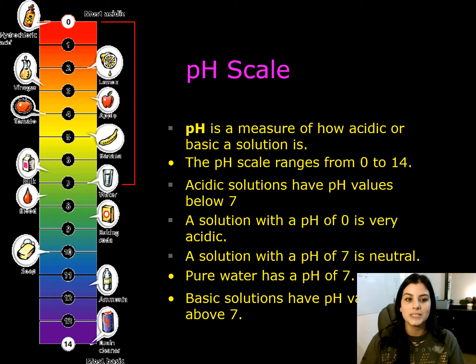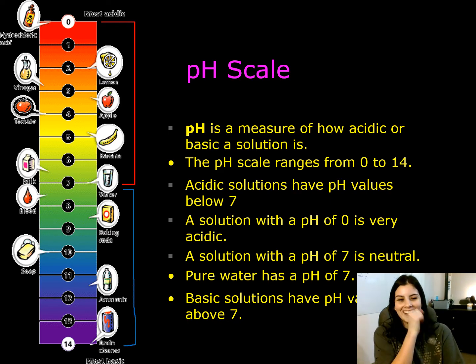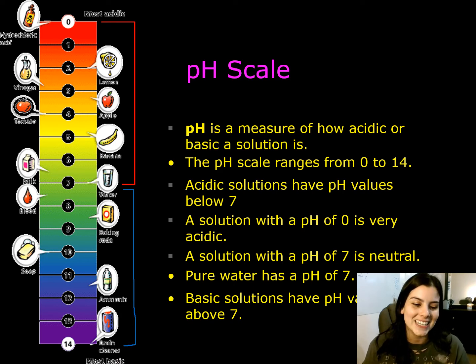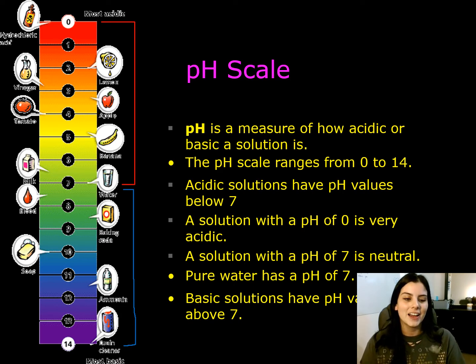So 0 to 7 we say are acids. And then from 7 to 14, definitely not going to be able to do this one nearly as well. I'm trying very, very hard. Oh, shoot. It's fine. From 7 to 14 are the bases. 7 is neutral, so that's water for you.